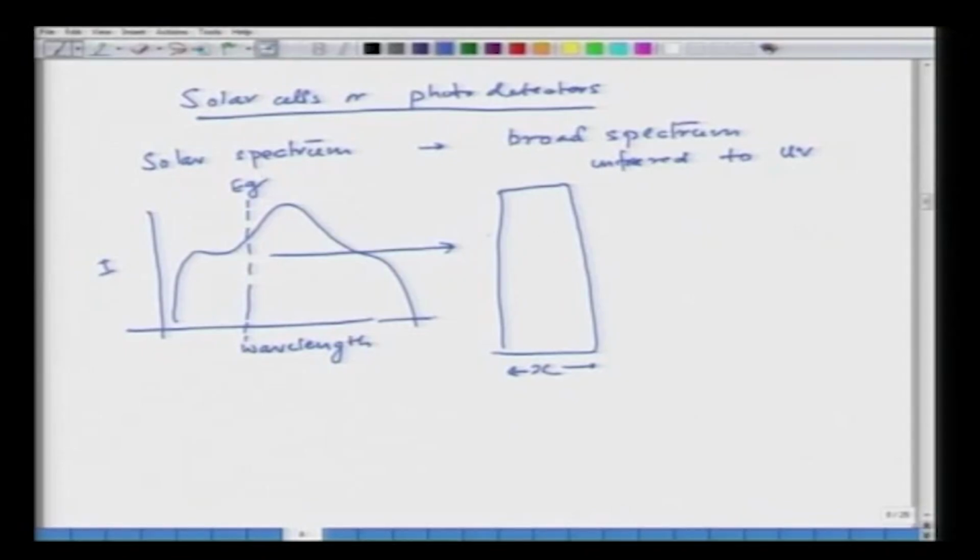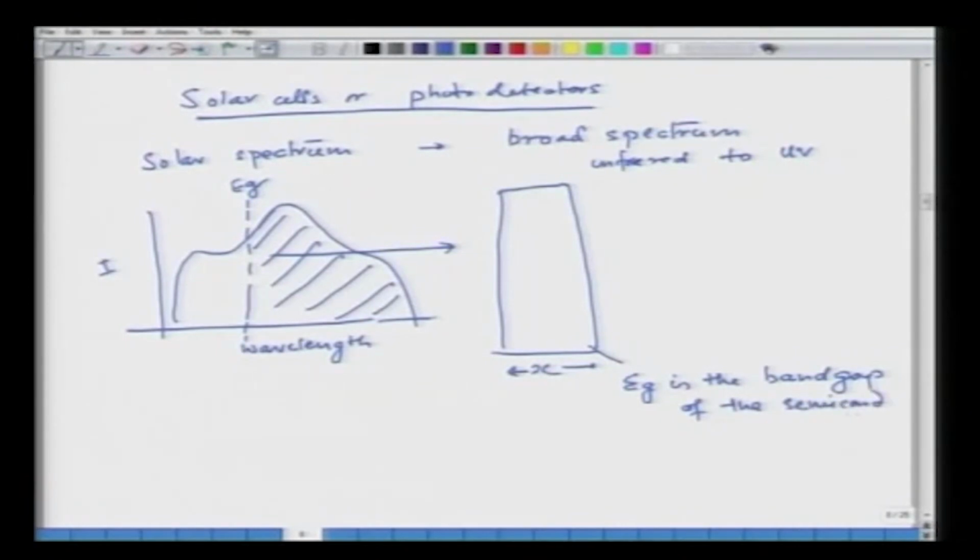So, the solar light which will be absorbed by this material is going to be only the amount which is higher than the band gap of the semiconductor. So, Eg is the band gap of the semiconductor. Now, this is the problem here. What we have is a situation where this amount of light is not absorbed, and this is wasted.